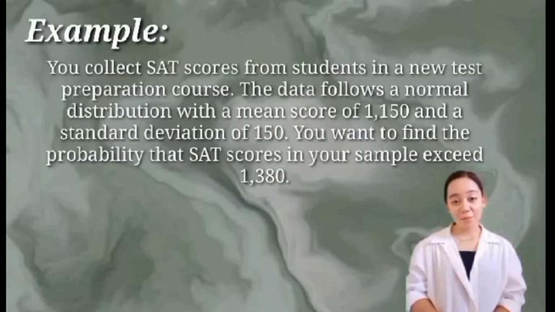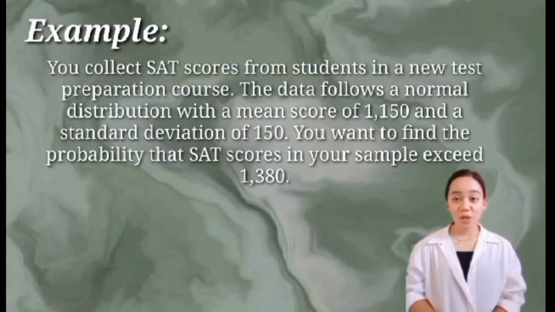I guess we are now ready to standardize the normal distribution. Here, I will give you an example for further understanding. Example: you collect SAT scores from students in a new test preparation course. The data follows a normal distribution with a mean score of 1,150 and a standard deviation of 150.